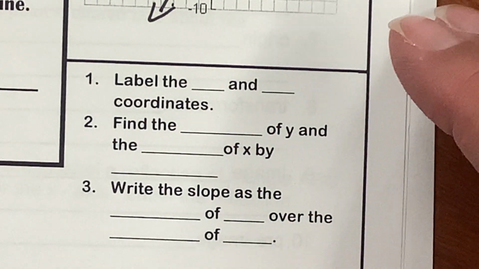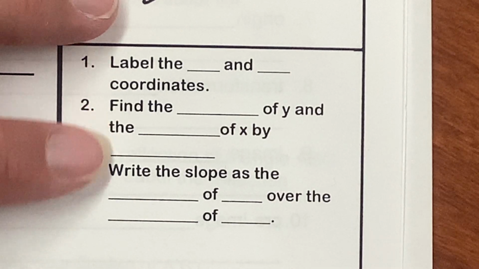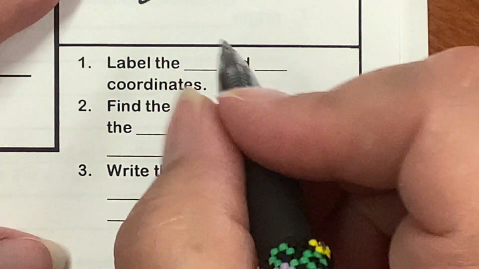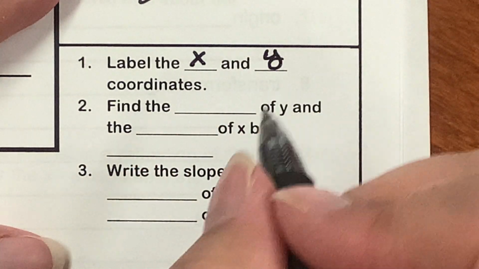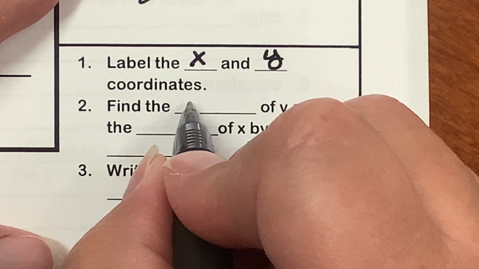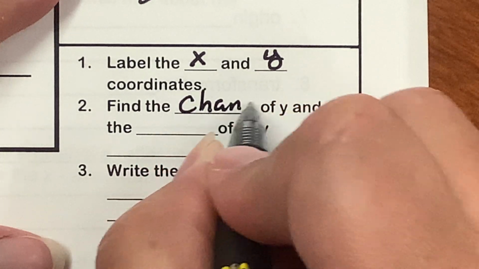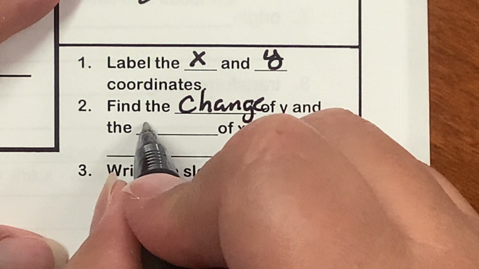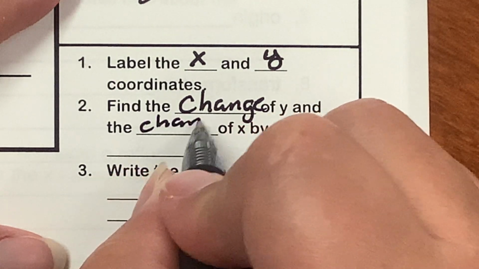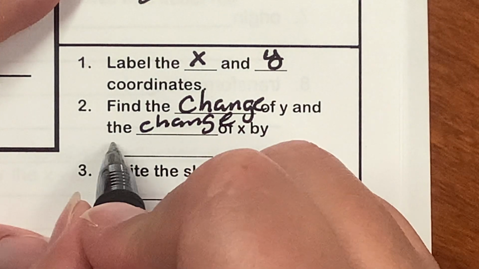First, you're going to label the x and y coordinates. Find the change in y and the change in x. And we're going to do that by subtracting.